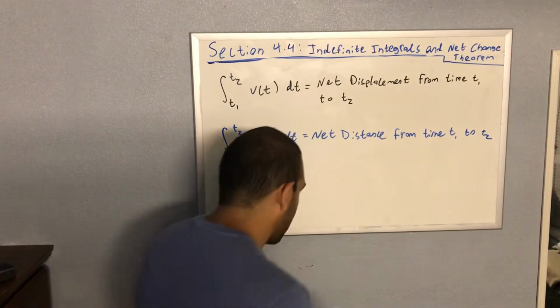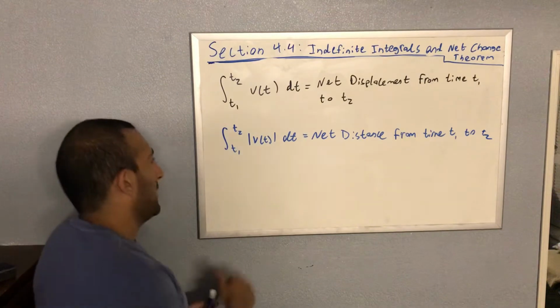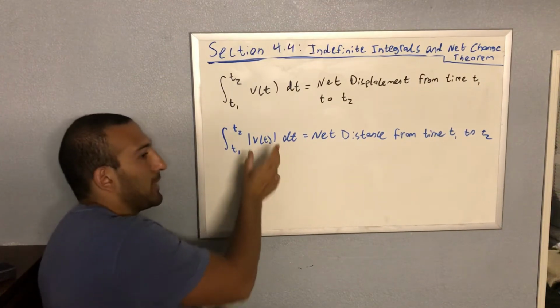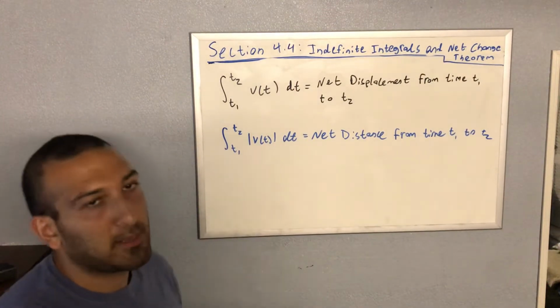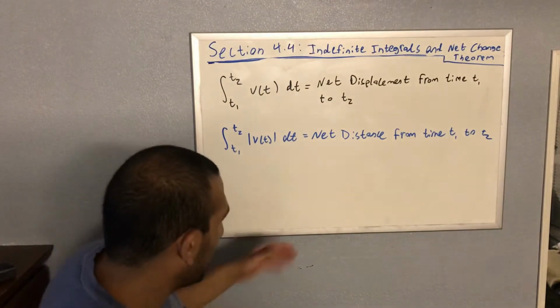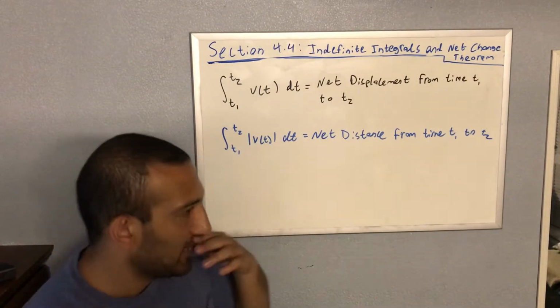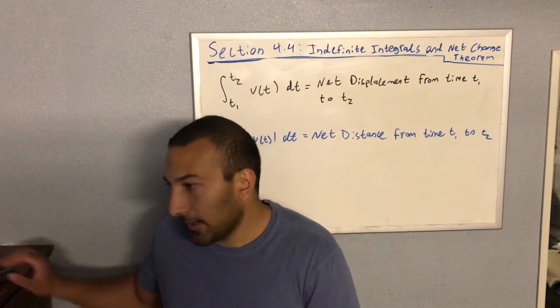So note the absolute value is there to make things going to the left positive, essentially. But in displacement, we don't want to do that. We want to keep positive and negative things separated.